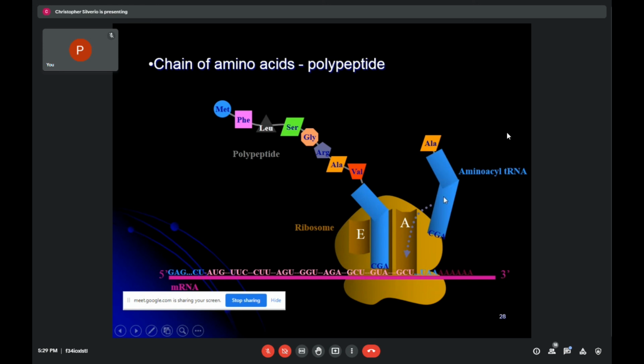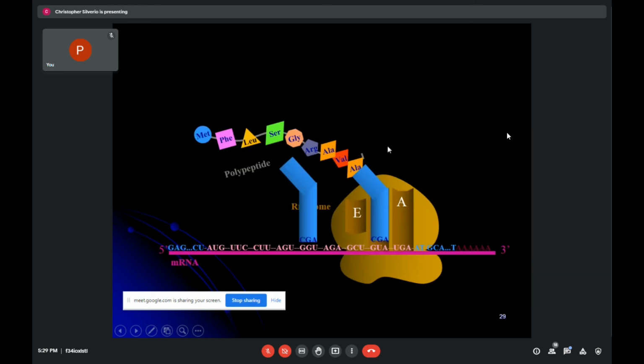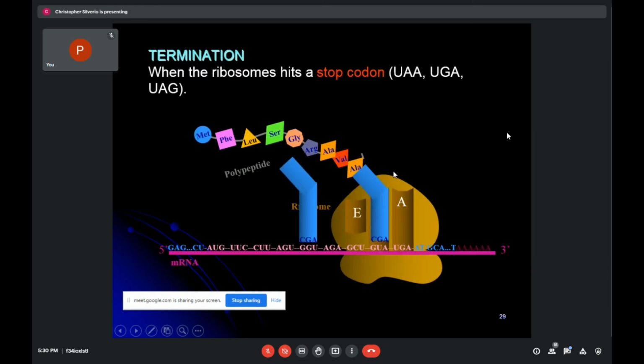So here comes another transfer RNA carrying an amino acid, alanine. It binds here, and then it transfers to the P site, the one carrying alanine, and the one carrying the polypeptide chain is released.